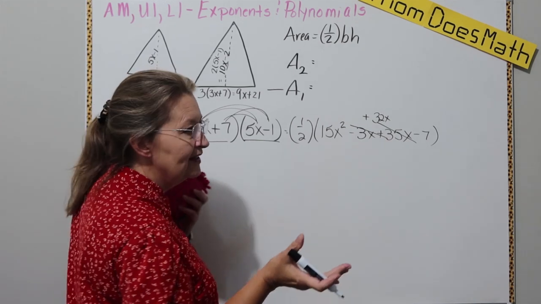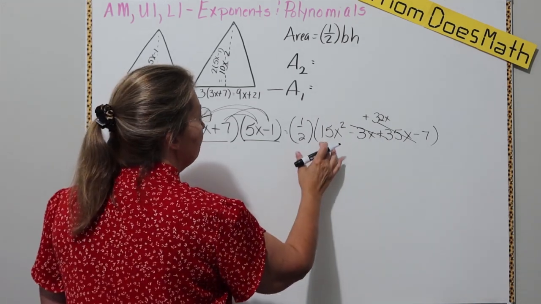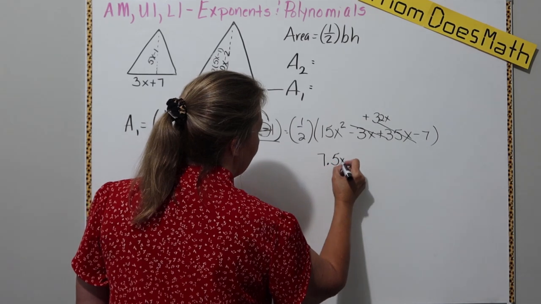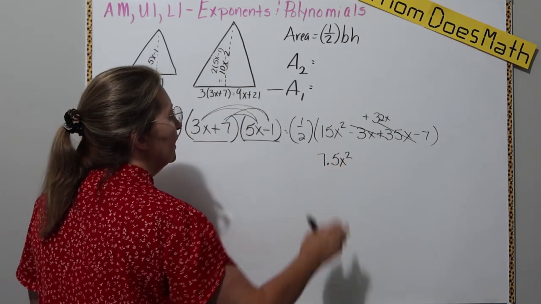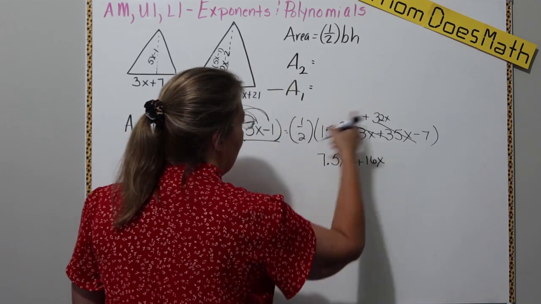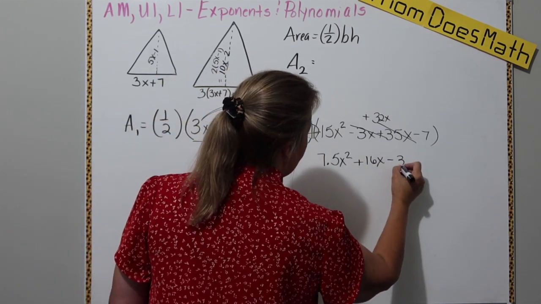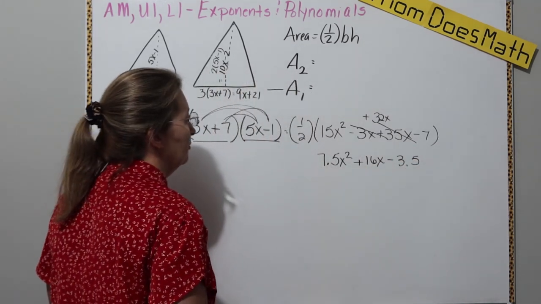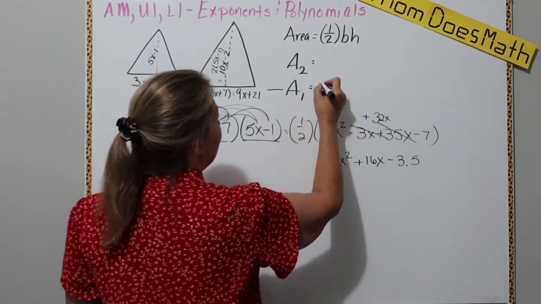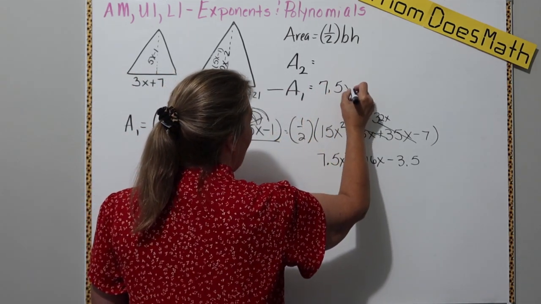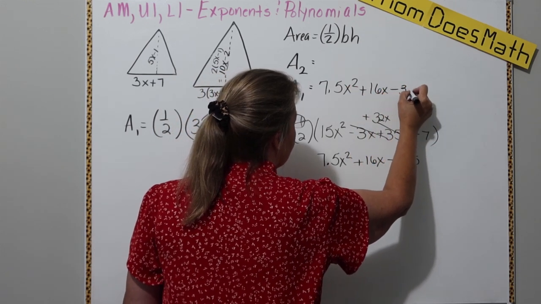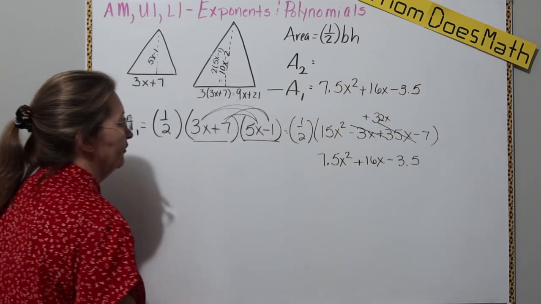Remember, it's the same thing as dividing by 2. So when you divide 15 by 2, you're going to get 7.5x squared. 1/2 times 32x will give you 16x, and 1/2 times minus 7 is minus 3.5. So the area of my triangle number 1 is 7.5x squared plus 16x minus 3.5.